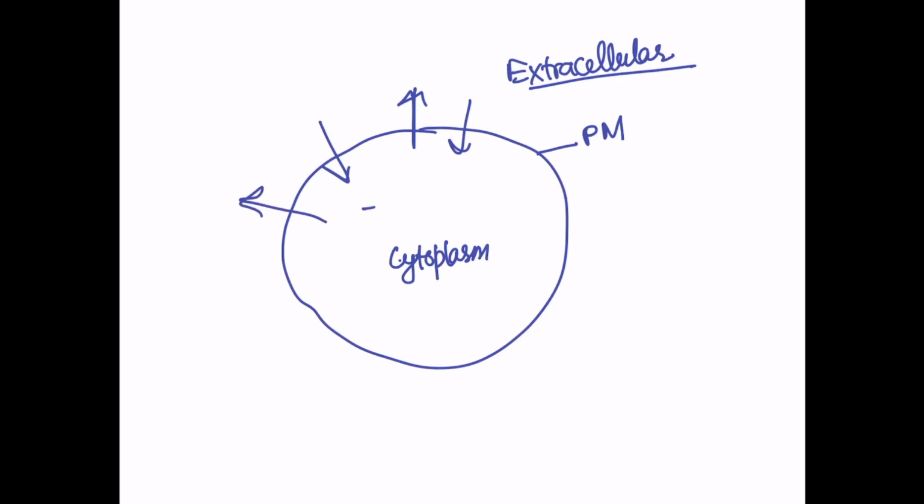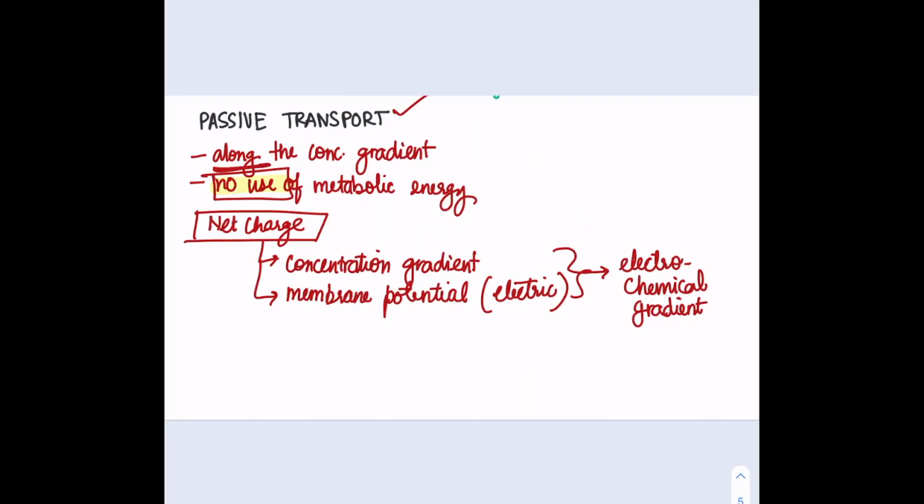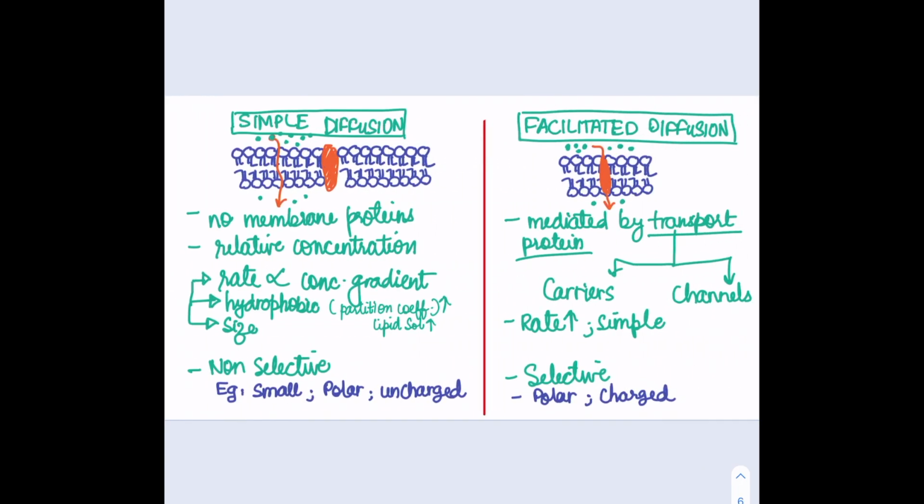The accumulation of these charged molecules and the overall charge that they carry inside the cytoplasm results in an overall charge difference called the membrane potential. Hence, the concentration gradient and membrane potential that the net charge has to overcome to diffuse through is called the electrochemical gradient.